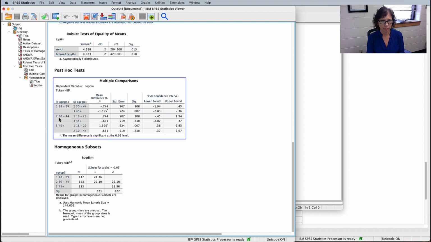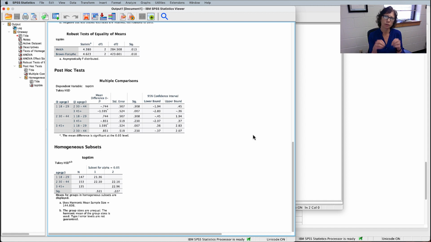And the same areas you can look at in these other rows. Group 2 compared to group 1 is not significant. Group 2 compared to group 3 is not significant. Group 3 compared to group 1 is significant, and group 3 compared to group 2 is not significant. So it's kind of just looking at it in more detail.